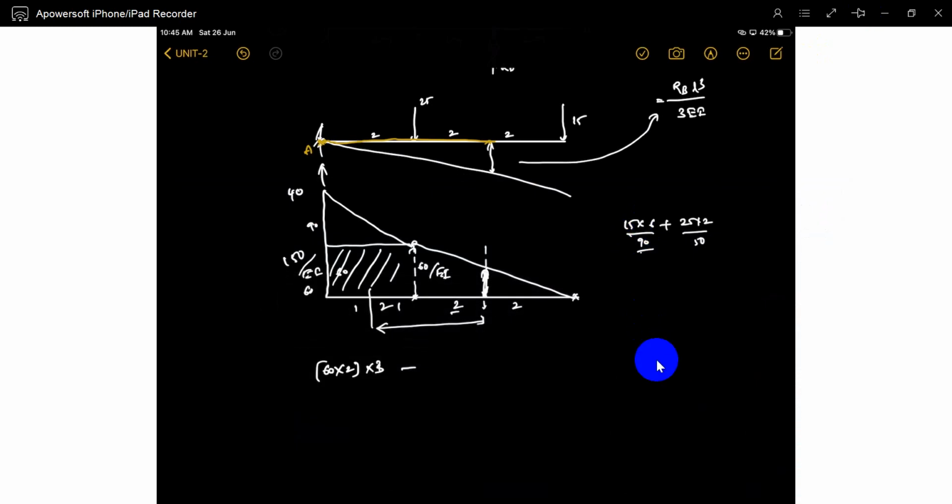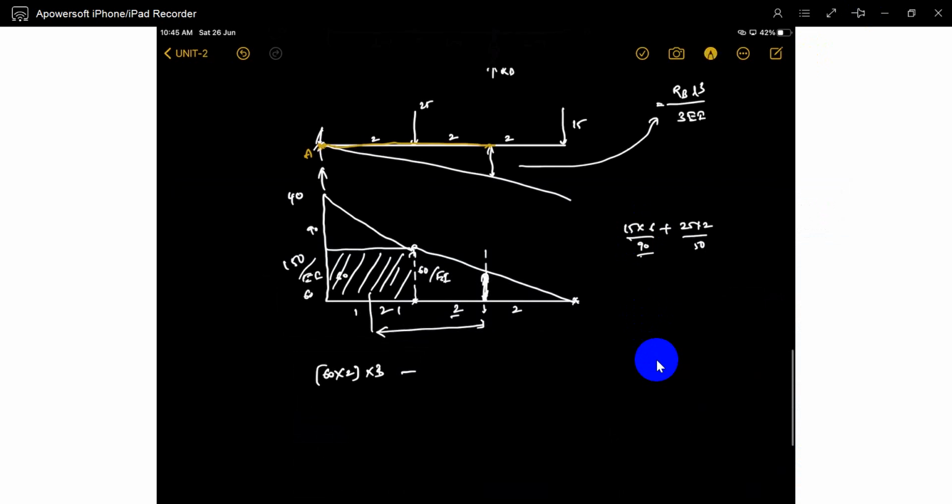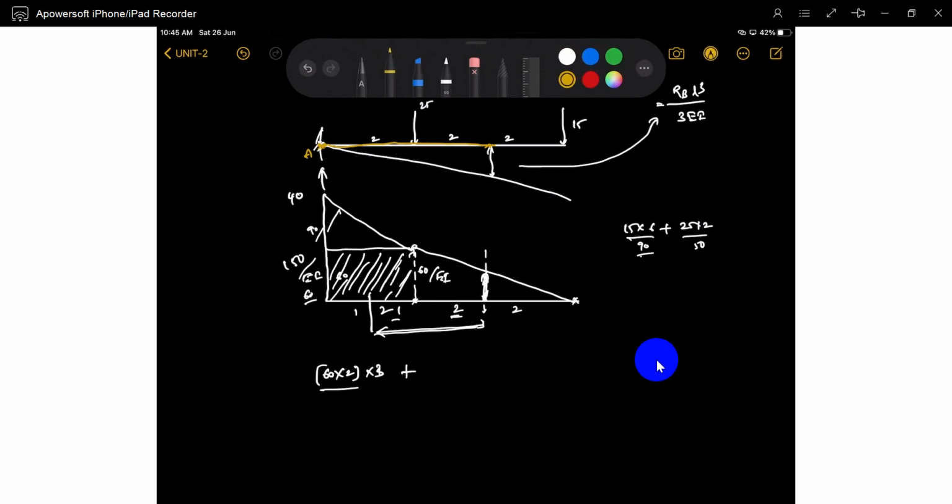Okay. Now first we will go by this area. This is 60, this is 90. 60 into 2 is the area. What is the moment? This is 2, this is 1, 3. Now plus, we will go by this area. What is that area?